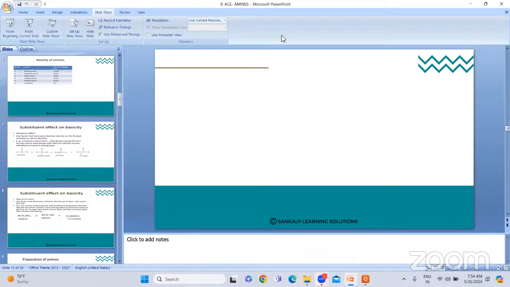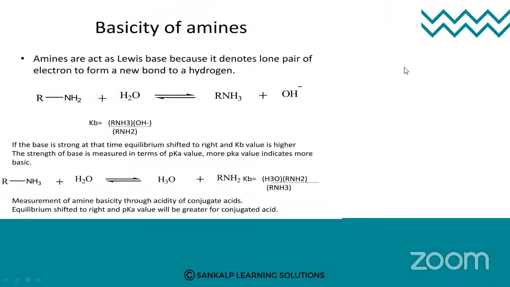Amines are a base, basic in nature. What do you mean by basic in nature? The pH will be more than 7, right?